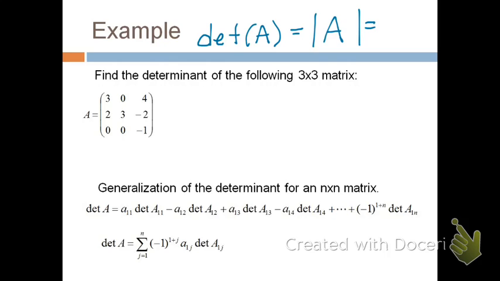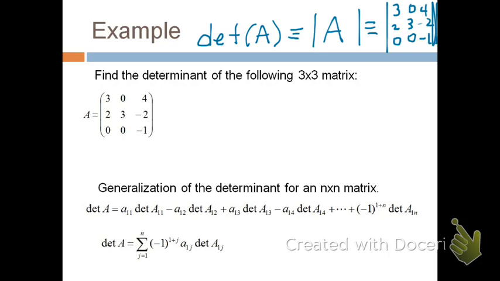Sometimes we might just write it as equal. We might say the determinant of, and actually write our actual matrix. And so we might see, in this form, the determinant of this matrix.